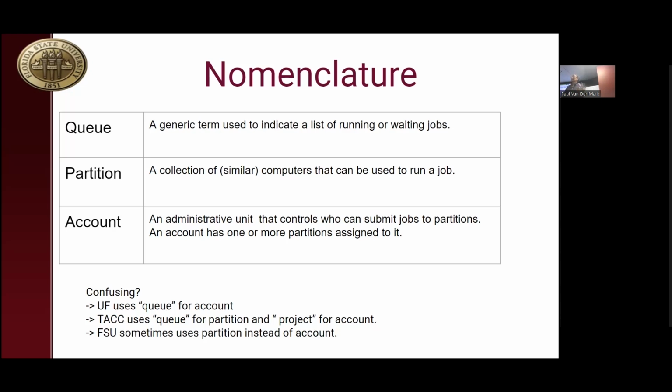Now, it's part of XSEDE, part of the National Science Foundation. So in XSEDE, you apply for a project allocation, so it kind of makes sense. So this is the nomenclature, just to make sure. We usually say account when you want to submit a job, because an account just gives you access to resources. But we sometimes still use account and partition vice versa. And I will show you in some of these slides that even on our website, we still make that mistake.